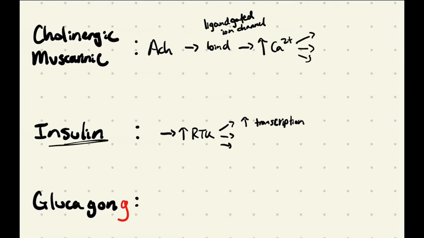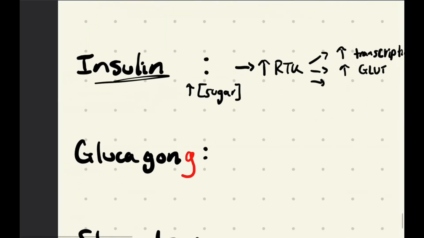We often like to think of insulin as one of those things where you have high blood sugar, and when you have high glucose levels in your blood, you want to bring them in. So when you have insulin, one of those downstream effectors is the increase of GLUT receptors. And when you have that increase of GLUT receptors, you're going to have increased glucose inside of the cell, and you take it out of your bloodstream.